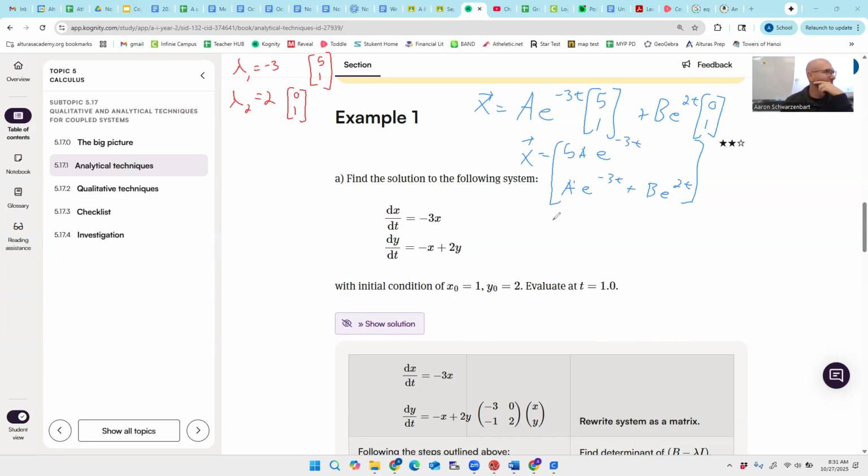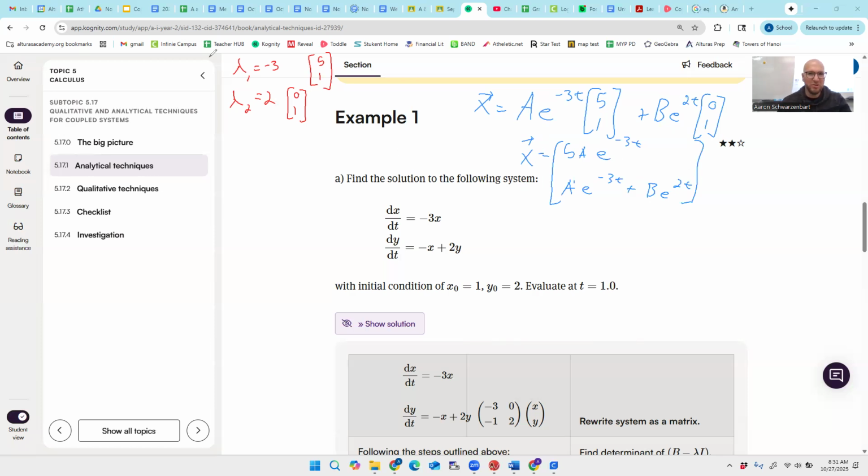Does that make sense what I did? The second part here would be plus 0, because 0 times this just makes it 0. So I took this times 5 plus this times 0, and that's the top line. Then I took this times 1 plus this times 1, and that's the bottom line.